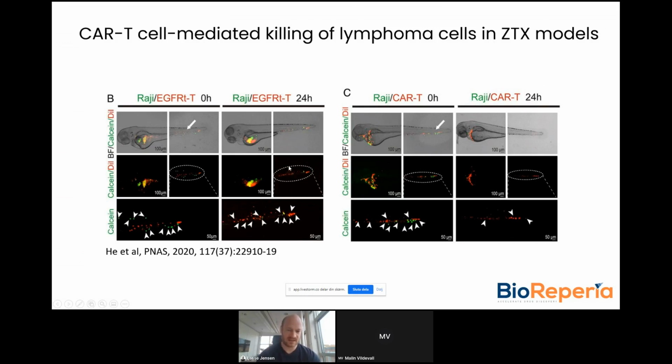And this was not the case if, instead of an anti-CD19 CAR T cell line, a control CAR T cell line that was expressing green fluorescent protein was used. So these control CAR T cells could not kill the Raji cells, but it required the CD19 modification.